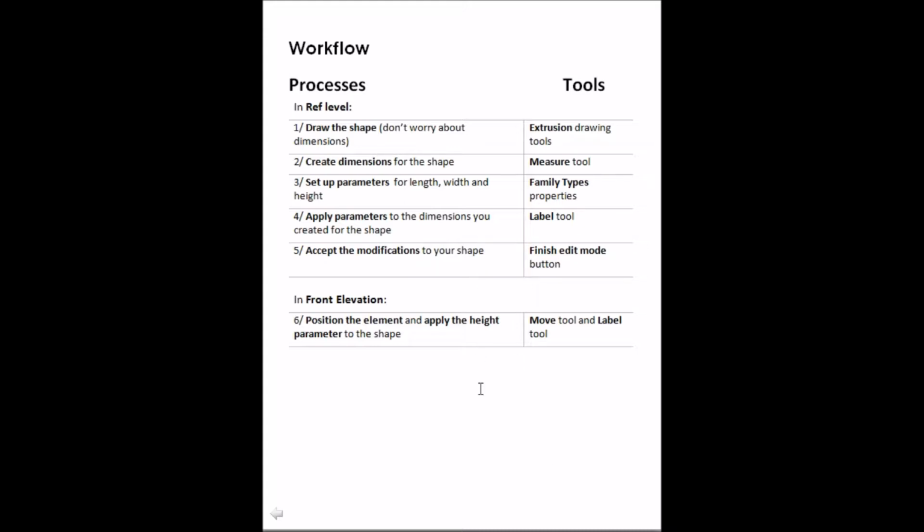We'll apply these parameters to the dimensions that we created for the shape using the Label drop-down menu. And we'll then accept the modifications that we've made to the shape using the Finish Edit tick. And we'll then switch to the front elevation to position the floor and apply a height parameter to it.